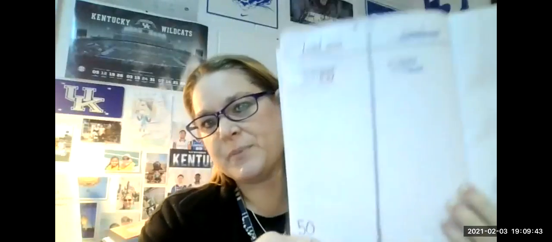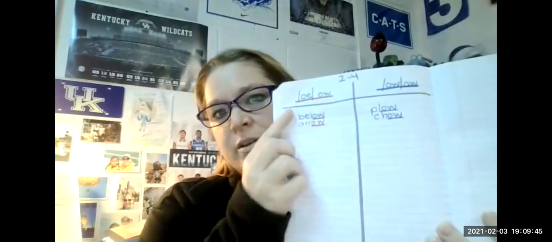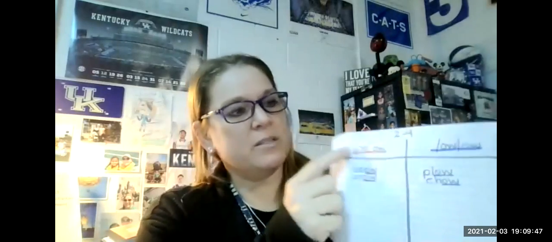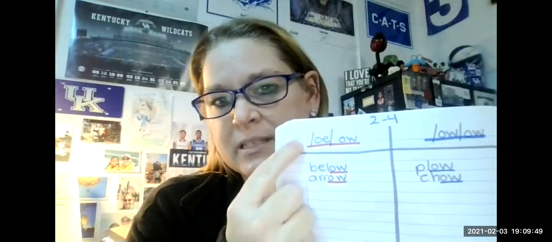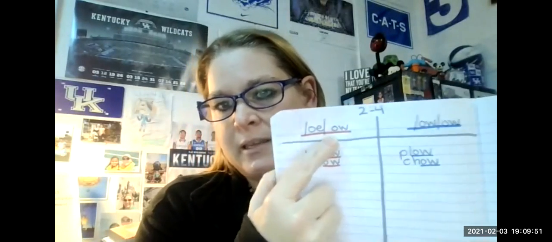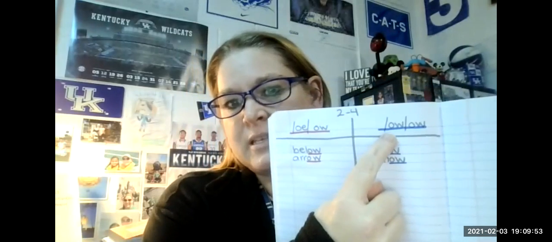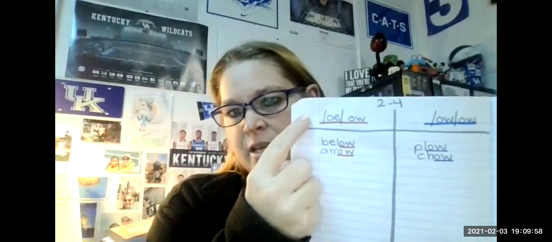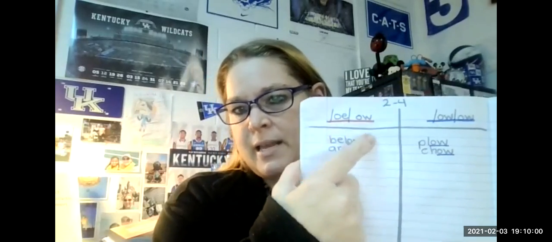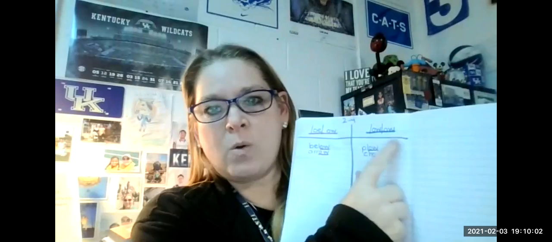I do have one more thing I want you to do. So you're going to do 13.1 today, 13.3, reread the story. And today what I want you to do is in your journal on page 50, you're going to make a T-chart. You're going to write your spelling words with the O sound and the OW spelling and the OW sound with the OW spelling. And so I underlined the O in red and OW in blue.